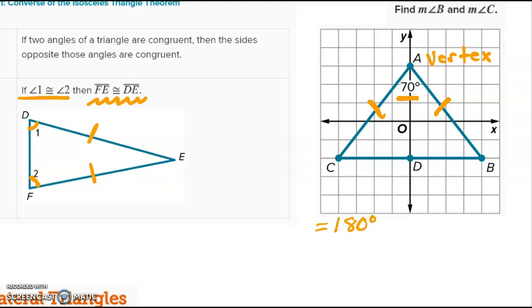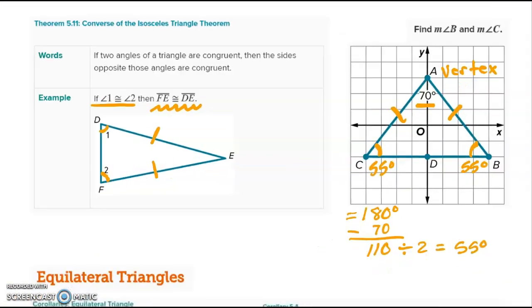The legs are congruent, so those two base angles must be congruent. If I take away the 70 degrees already accounted for, there's 110 degrees left. It's split between two congruent angles, so it has to split evenly. I divide by 2, and each of those angles is going to be 55 degrees.